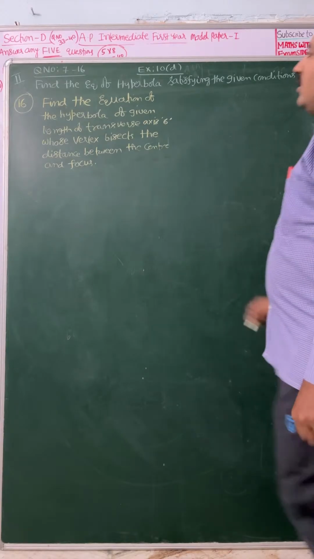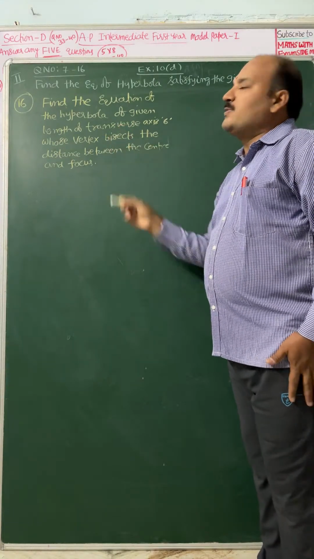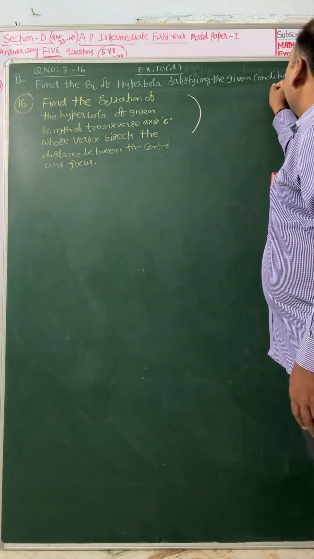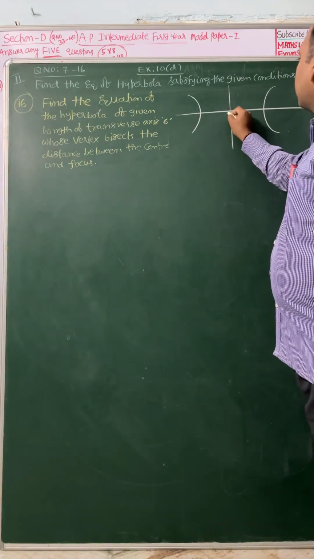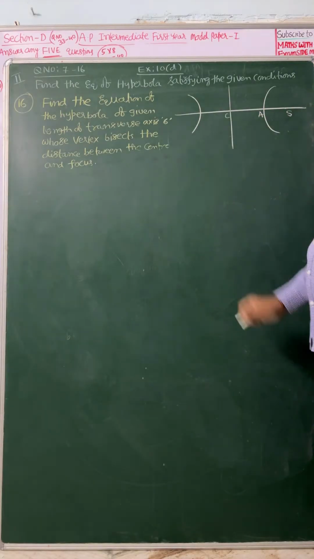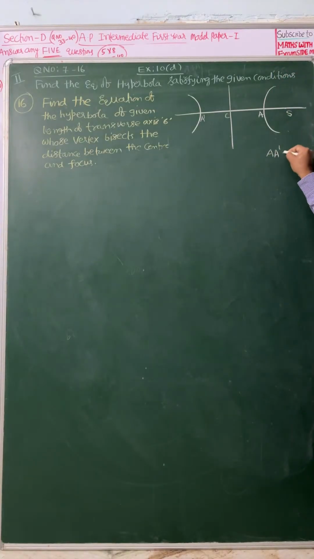See here, find the equation of hyperbola of given length of transverse axis. See, the figure of hyperbola will be like this: center, vertex, focus. Length of transverse axis A'A is given as 6, 2a = 6, a = 3.